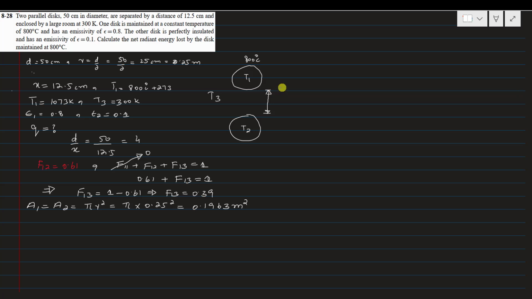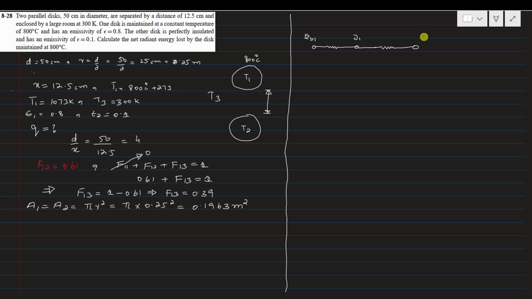Now I want to draw the resistance network diagram of these bodies, that is the plates and the room that encloses them. So first the emissivity of body 1, then its surface resistance, then its radiosity J1, EB1, then space resistance, and then emissivity and radiosity of body 3.